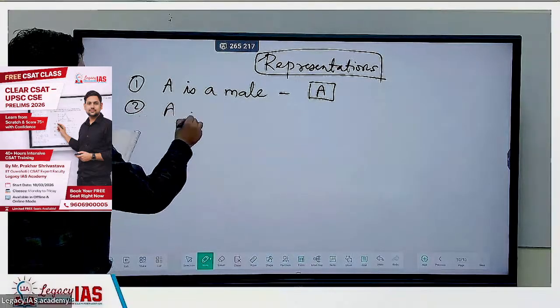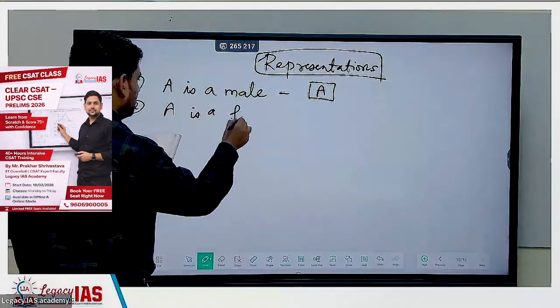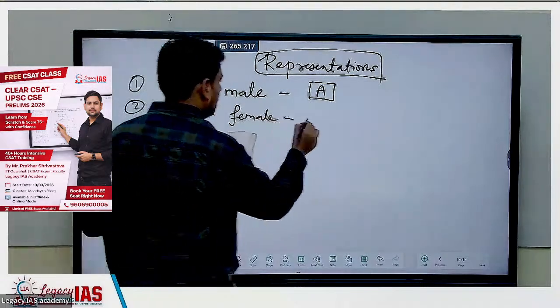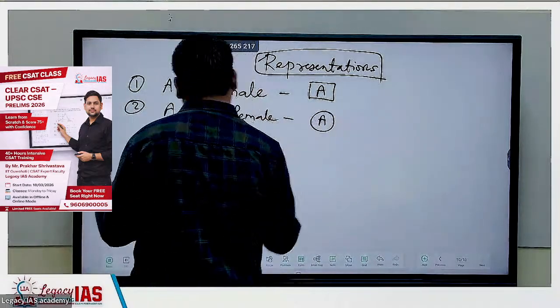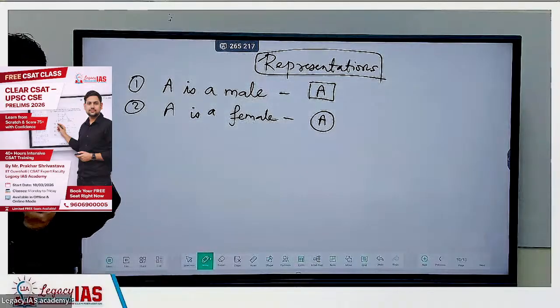Second, A is a female. I'll write it inside a circle.